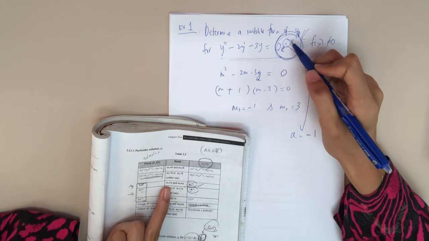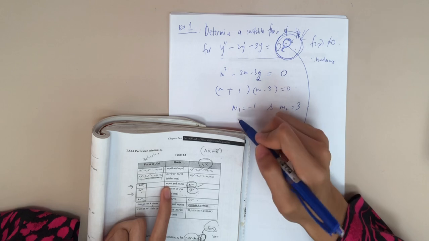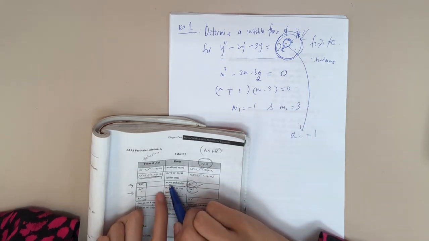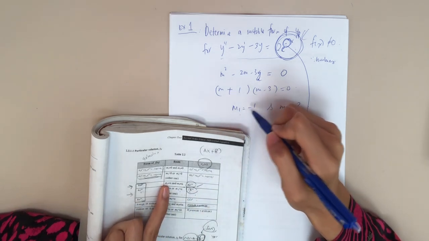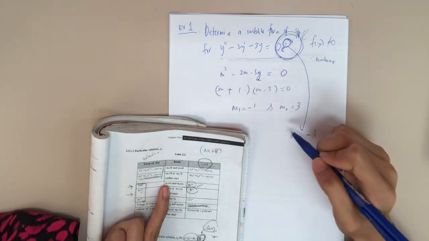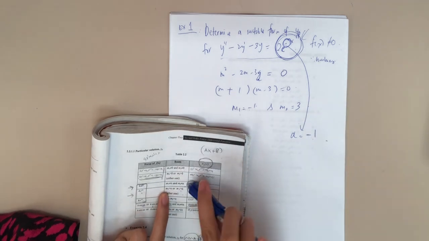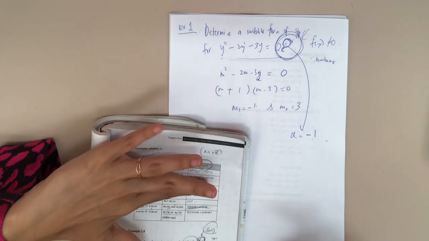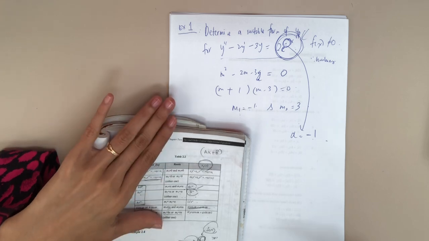Looking at the first one, m1 not equal to a. What is your m1? Your m1 is -1. What is your a just now? A is -1. So it's equal, right? So it means the first one cannot be used. The condition for the first one is not the correct one.